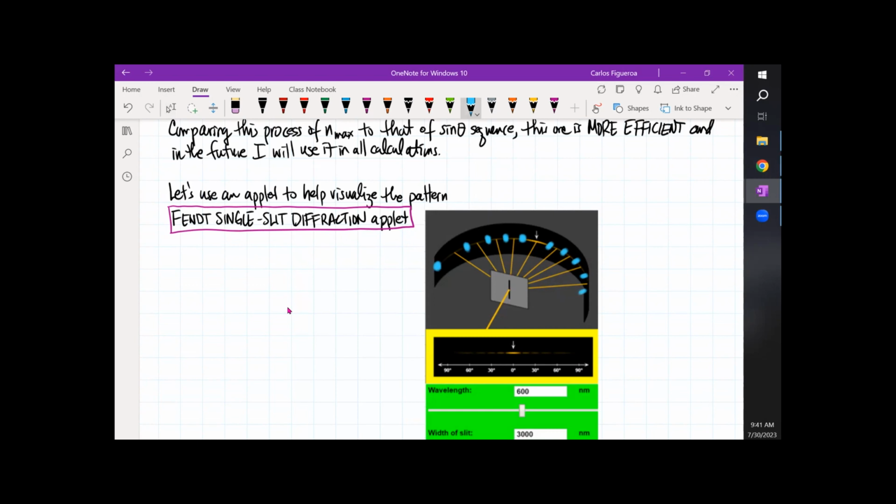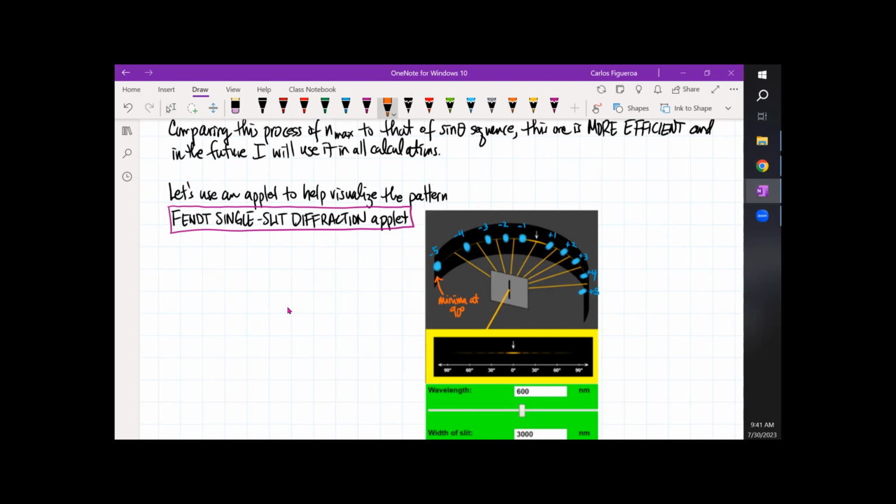And then there's another one right there. So if I label these, this is then -1, -2, -3, -4, -5. And this is +1, +2, +3, +4, +5. So once again, we're saying that there's a minima at 90 degrees there.